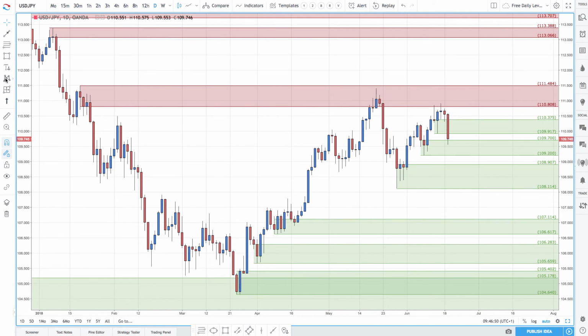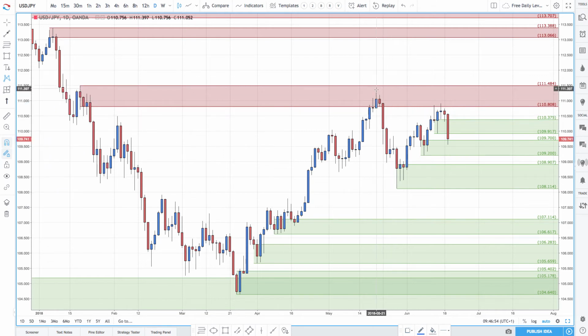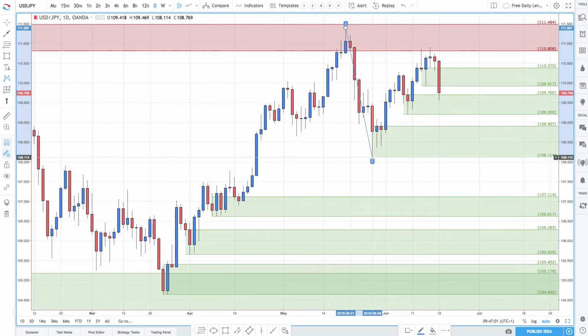So let's find it. I think that's the one, right? From a pattern perspective, we've got the X to A leg. This is what's important to us from a supply and demand perspective, right? All this other stuff, right?